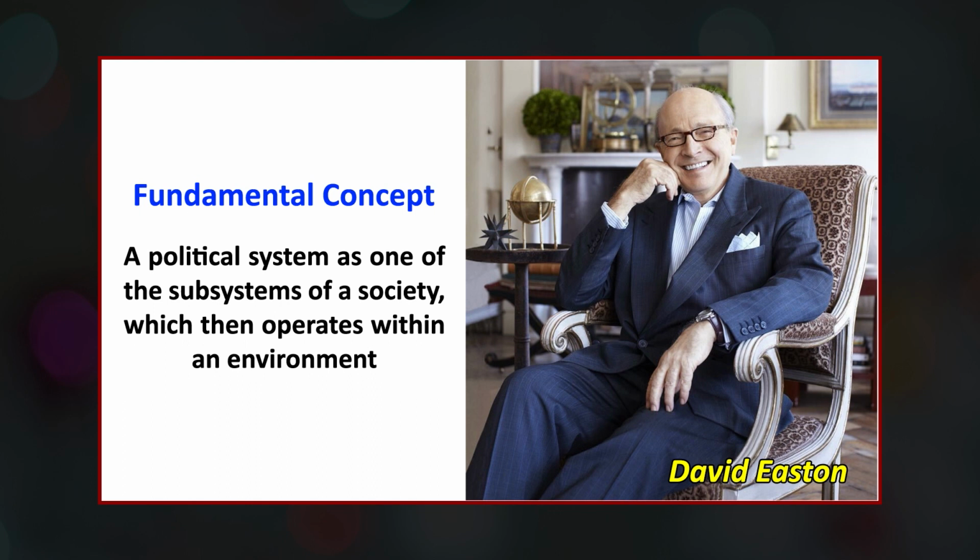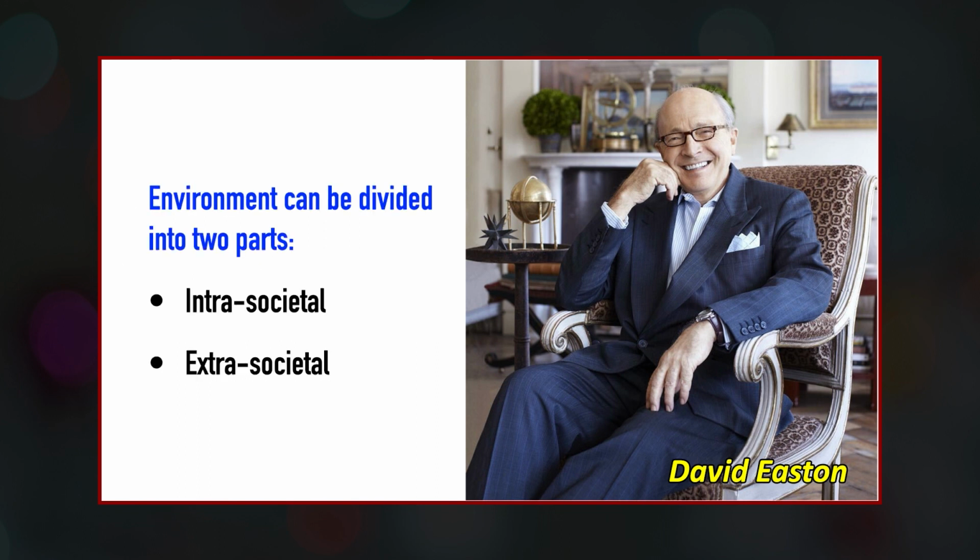Easton's fundamental concept is that of political system as one of the subsystems of a society, which then operates within an environment. The environment, according to Easton, can be divided into 2 parts, intrasocietal and extrasocietal.